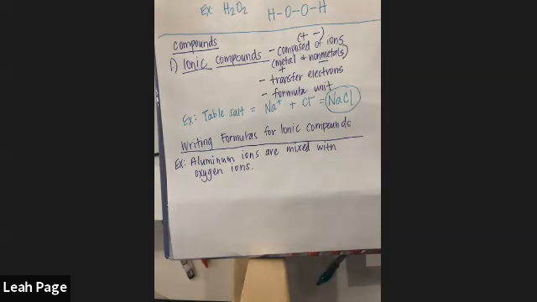So what we have to do first is we have to figure out what the charge would be for an aluminum ion and figure out what the charge would be for an oxygen ion. This is when we look at our periodic table. We go look at the periodic table. I'm going to pull mine back out.